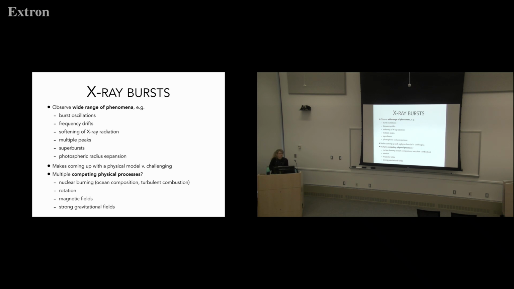And they also have strong gravitational fields. Neutron stars are not quite black holes, but they do have very strong gravitational fields, and you're taking something that's around the mass of the sun and squeezing it into something the size of Manhattan.